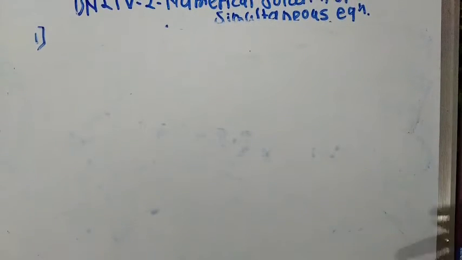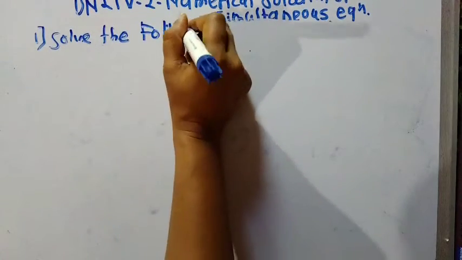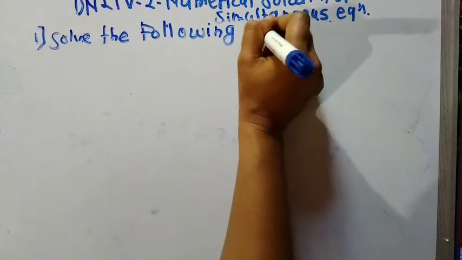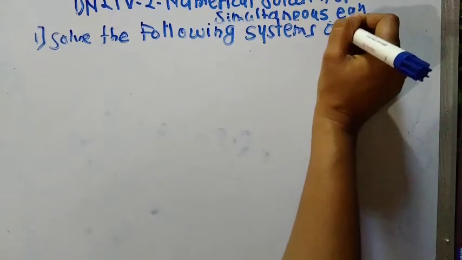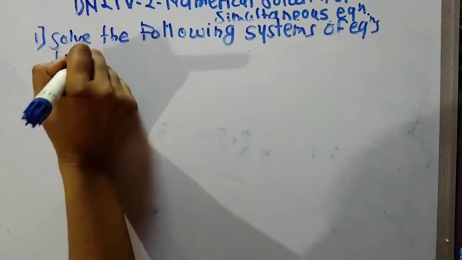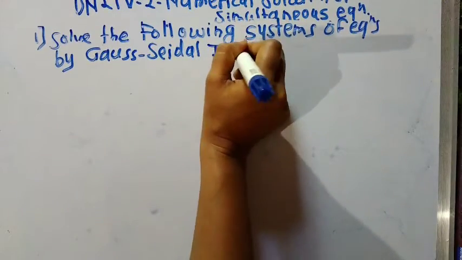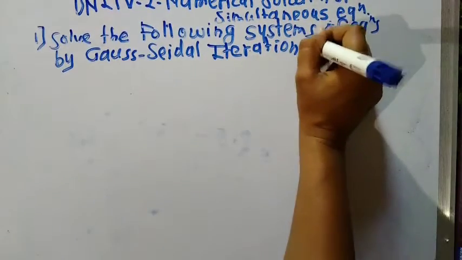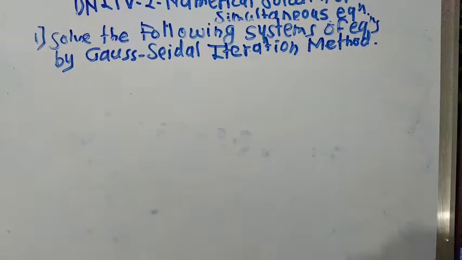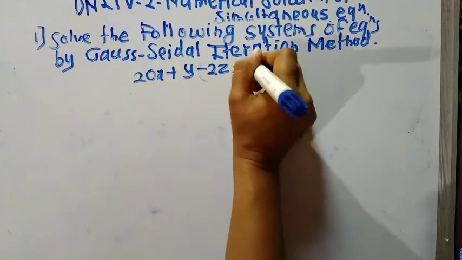Then the first example of the Gauss-Seidel method. Solve the following system of equations by the Gauss-Seidel iteration method. 20x plus y minus 2z is equal to 17.